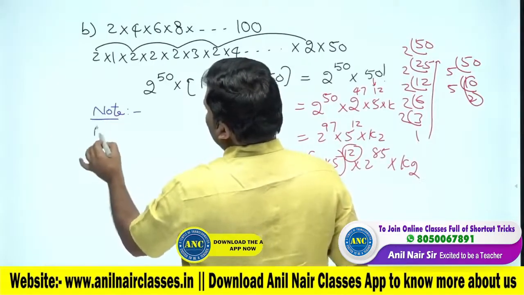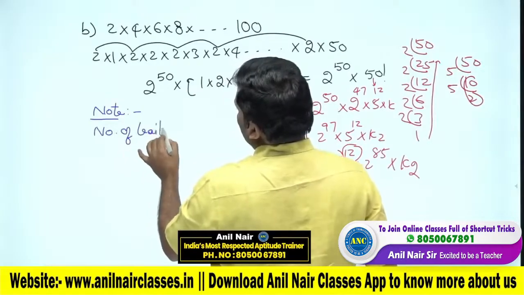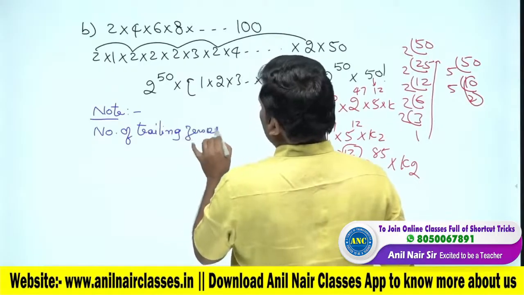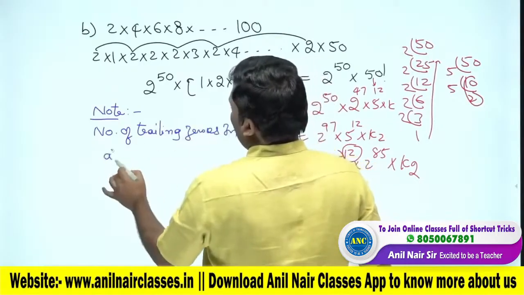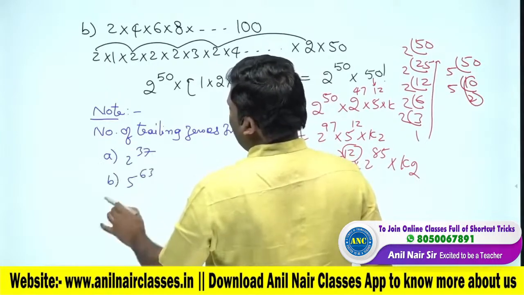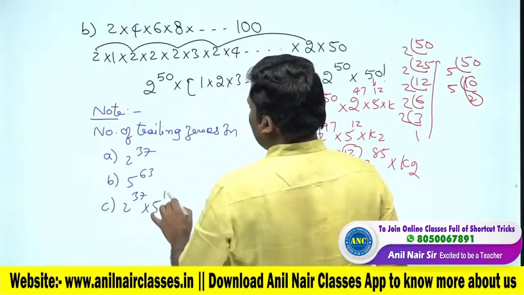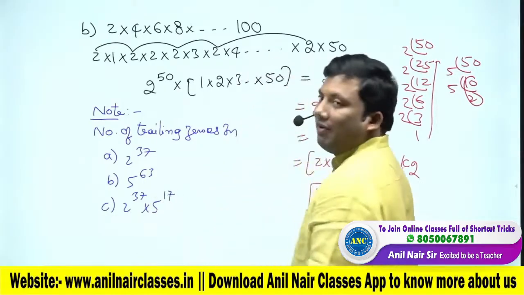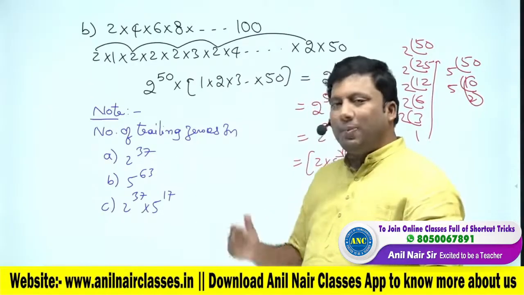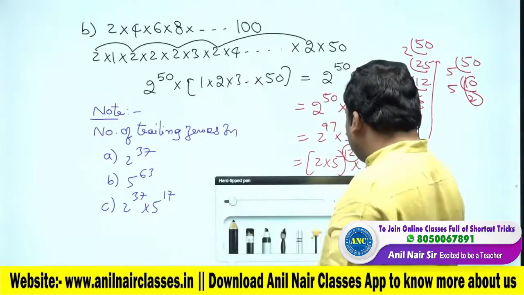Note: find the number of trailing zeros. Find the number of trailing zeros in 2 power 37 into 5 power 63, and 2 power 37 into 5 power 17.